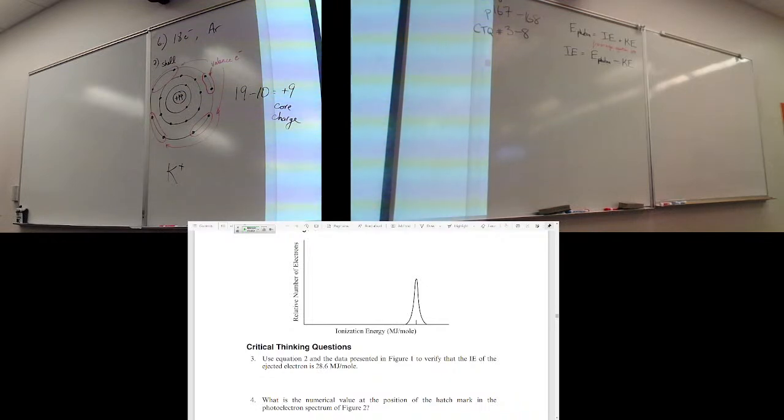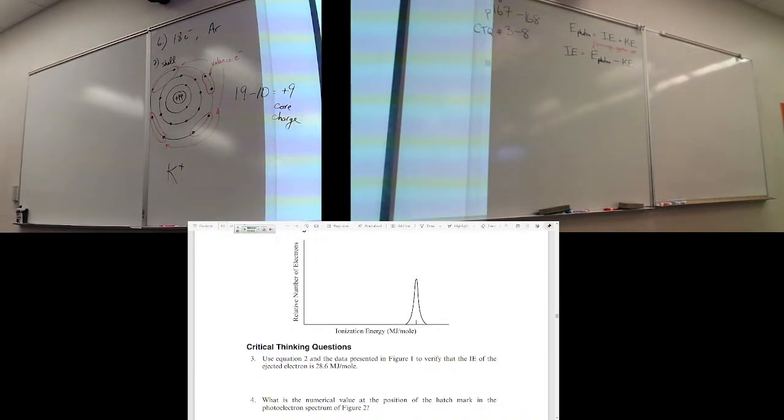They're saying that the result is the calculated ionization energy of 28.6. This is from this particular fake atom. So we hit it with this much energy, that's the photon energy. There's an energy that it took to ionize it, which is this. And where did the rest of the energy go? The rest of the energy went to making the electron move quickly, which has this kinetic energy.